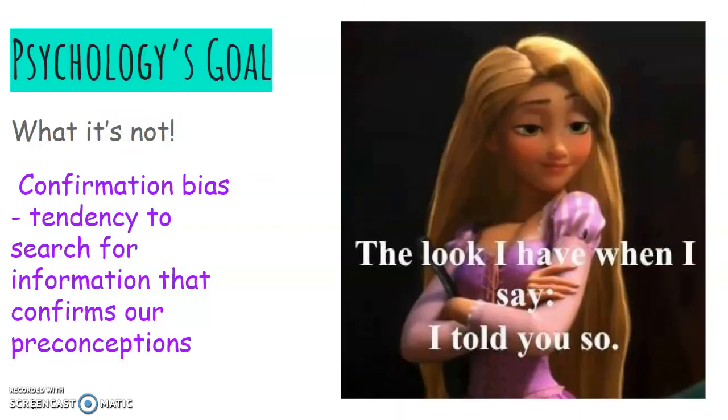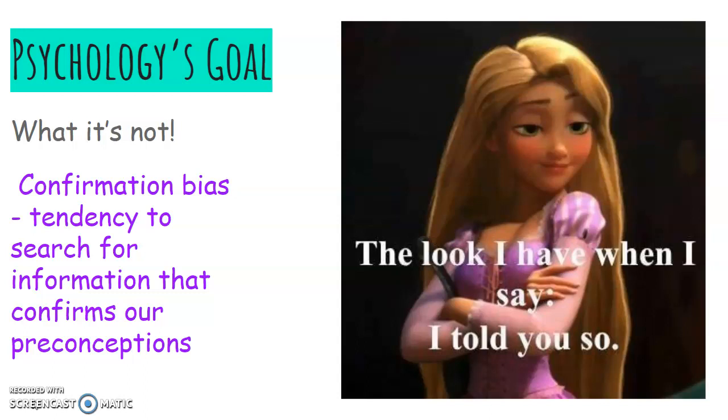So let's ask this question. What is the goal of psychology? Well, let's start by identifying what it is not. It is not confirmation bias, which is the tendency to search for information that confirms our preconception. In other words, it is not trying to prove that you are right.